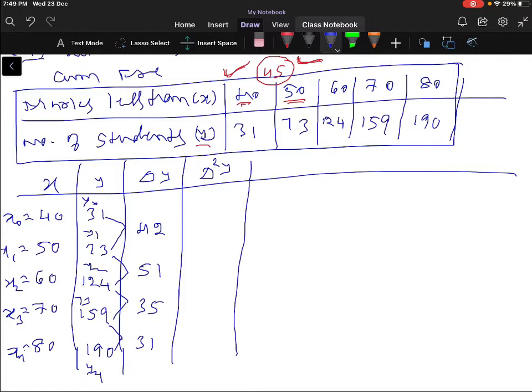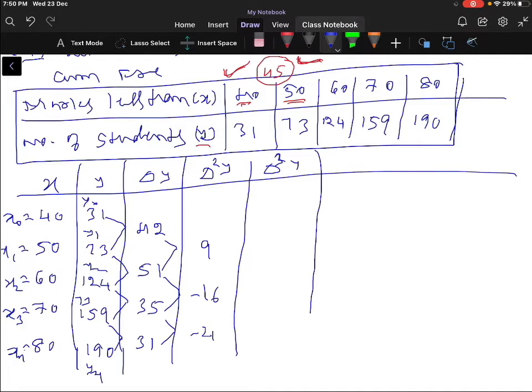Let us calculate the second forward differences. 51 minus 42 is 9. 35 minus 51 is minus 16. 31 minus 35 is minus 4. So 9, minus 16, and minus 4 are the second forward differences.